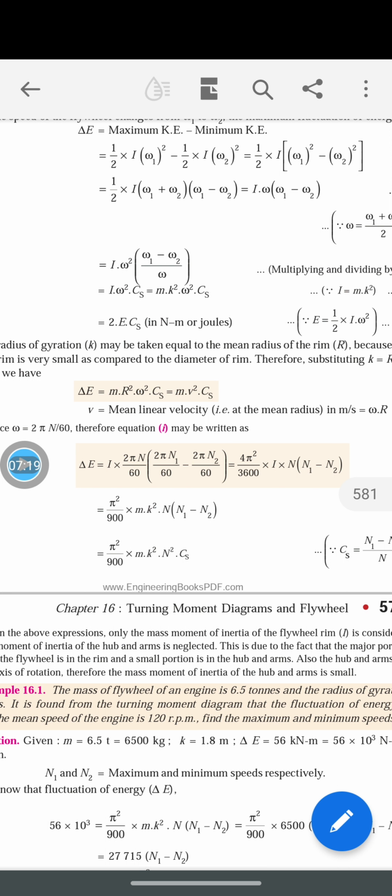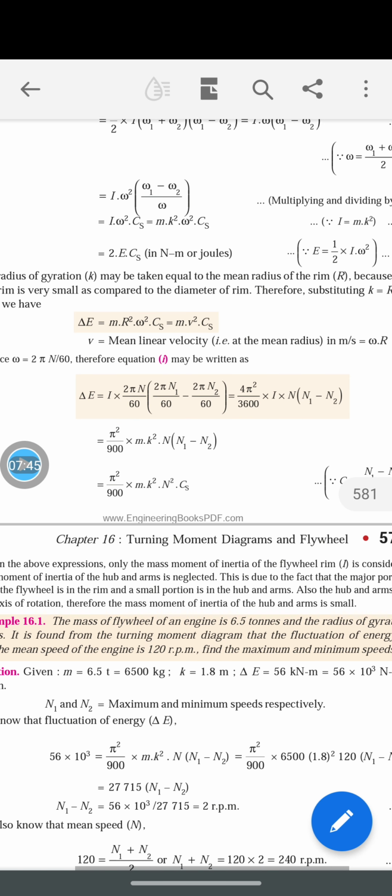So delta E is equal to m capital R square omega square Cs. R is the radius, omega is the angular velocity, and Cs is the coefficient of fluctuation of speed. The linear velocity v is equal to R omega, so replacing capital R omega with v, the formula becomes mv square Cs.